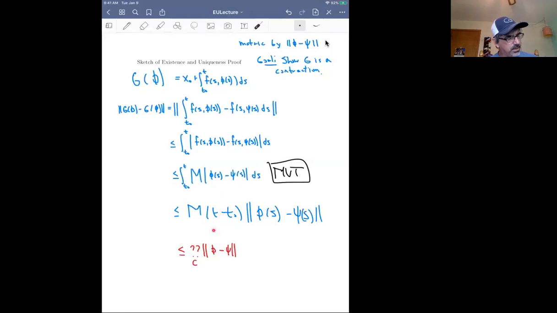Except I need to make this small. I need M times the quantity t minus t naught to be less than 1. So how can I make M times t minus t naught less than 1?